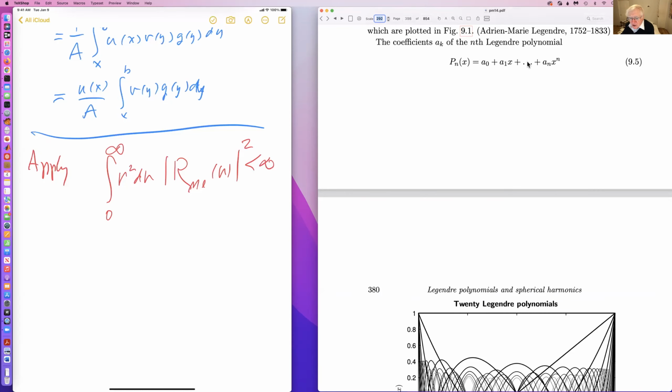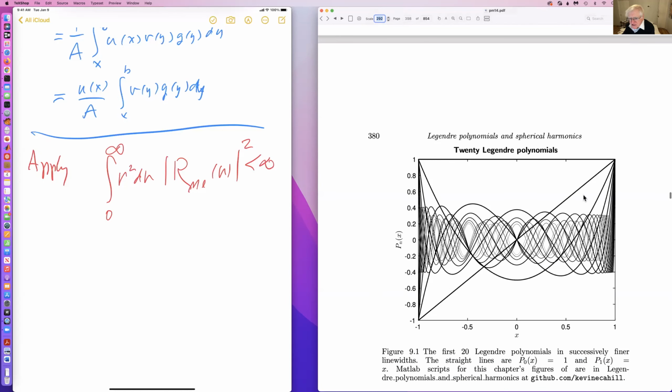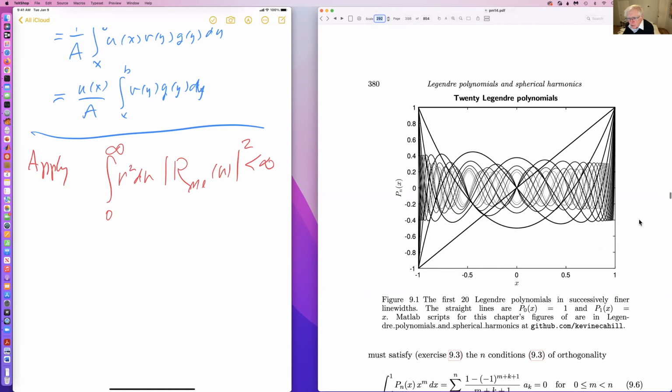So here's, for example, the first 20 Legendre polynomials, what they look like. And it is a pretty remarkable thing. I mean, one can stare at this for quite a while, and it's kind of interesting to look at.